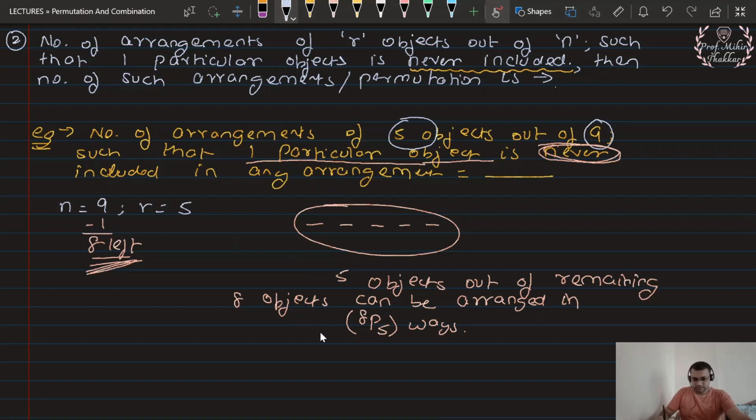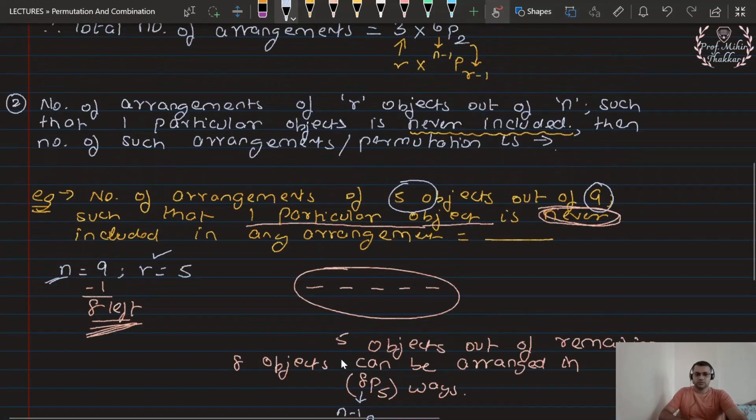This 8 is actually 9 minus 1, which is nothing but n minus 1, and 5 is the direct value of r, so I get (n minus 1)Pr. So the general formula in this case is (n minus 1)Pr.